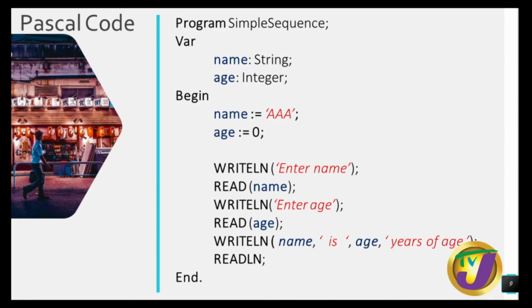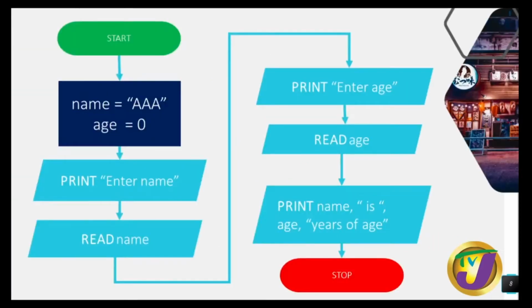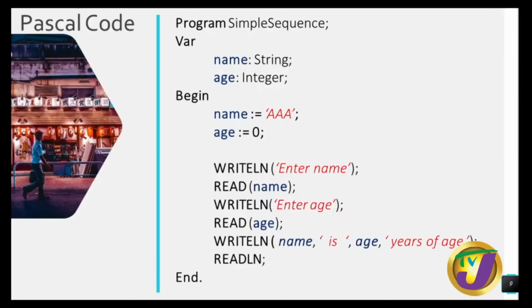Where you have a start in your pseudocode, it translates to the Pascal program saying program simple sequence, semicolon. And I must admit that many times when I see students write programs and they have program and the program name, they leave off the semicolon.